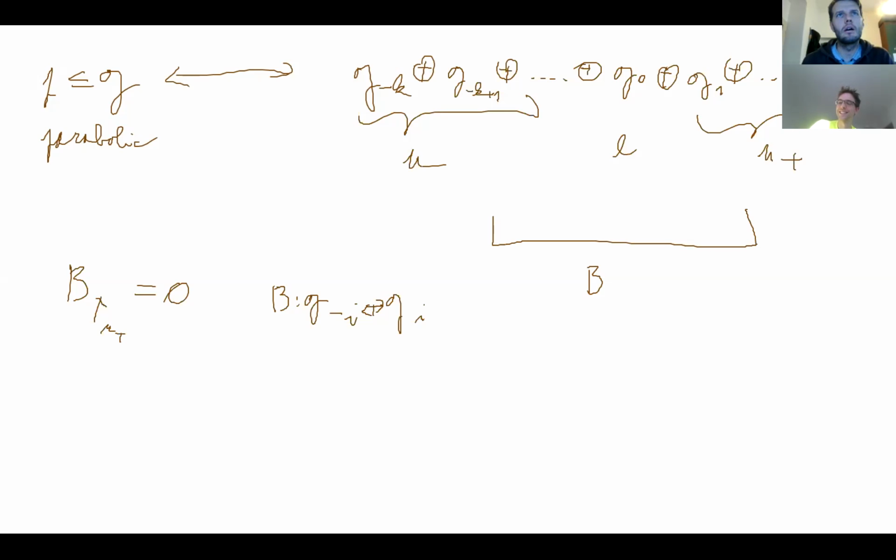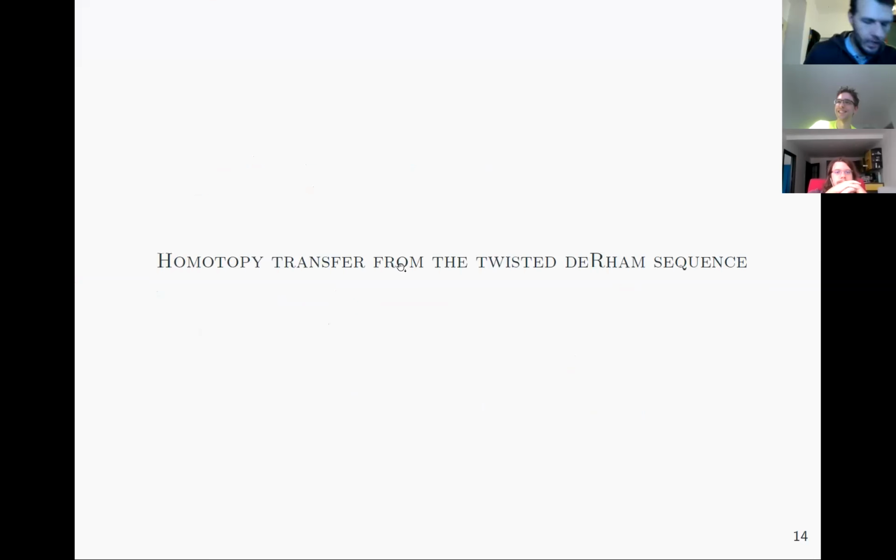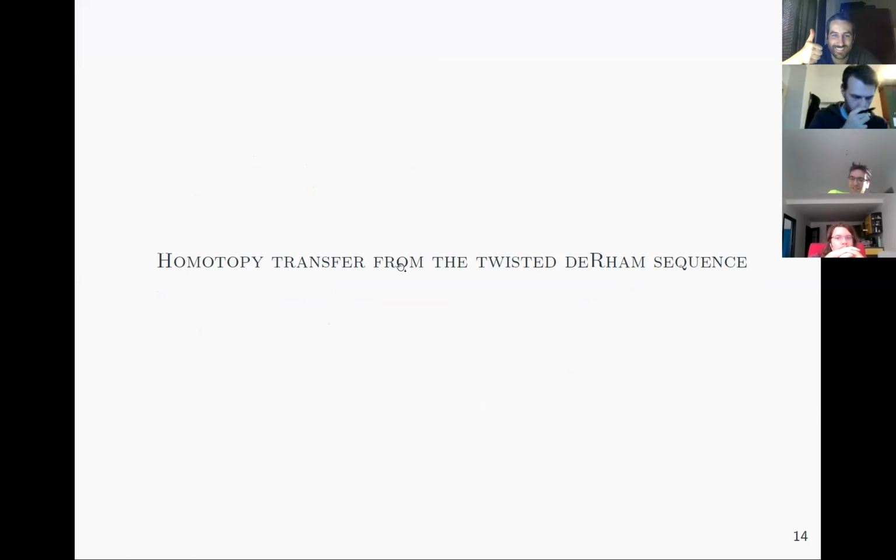So I'll switch back to the presentation. What we want to do now is look at this twisted de Rham sequence and reduce it to a sequence of operators which might be of higher order, but which will act on bundles of much lower rank.